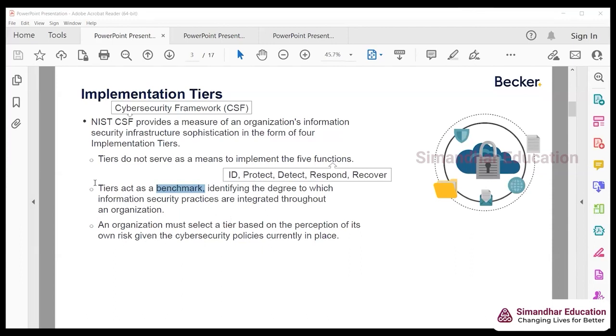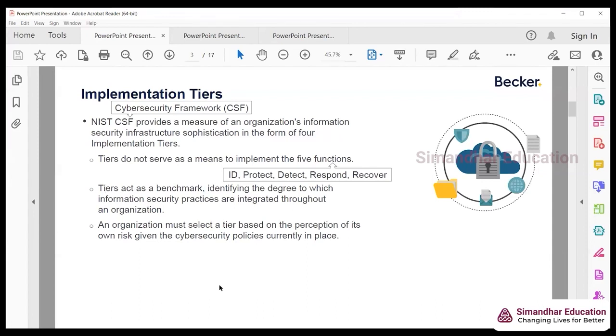So tiers actually act as a benchmark to check how much our cybersecurity practices or framework are actually inbuilt, or how much teeth they have in the organization.